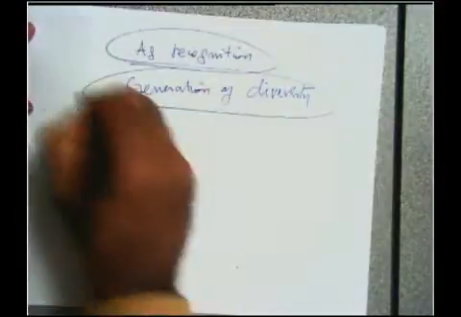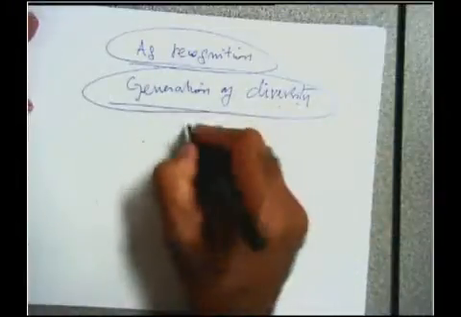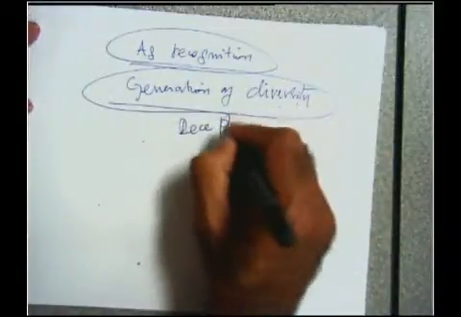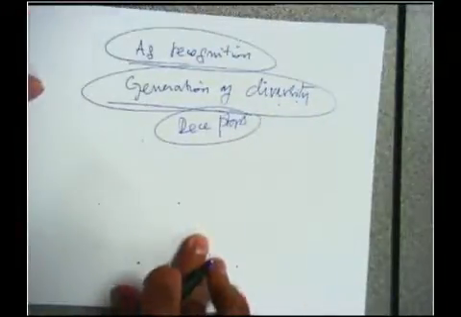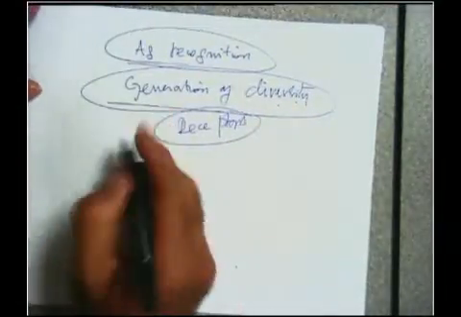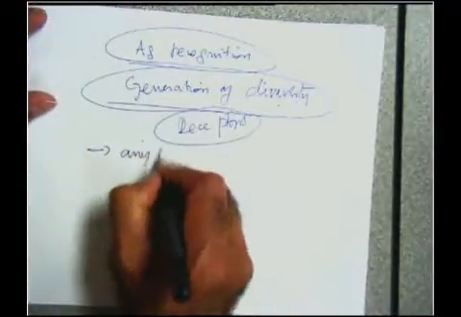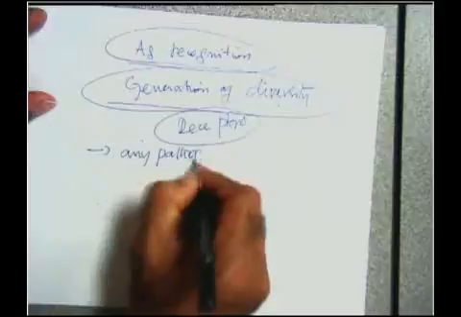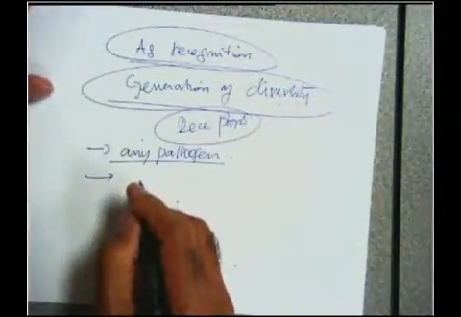There are different types of antigens, so you need generation of different varieties or diversities of receptor molecules of these T cells as well as the B cells. And it should recognize virtually any pathogen. As I mentioned before, like antibody, these receptor molecules also have different varieties.